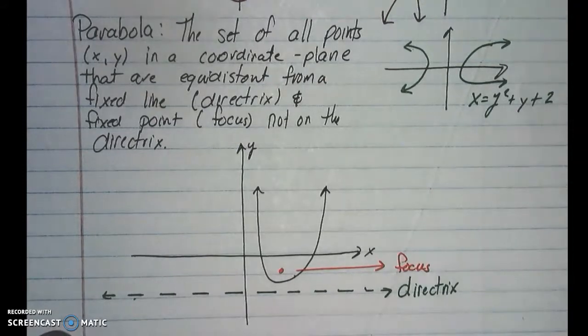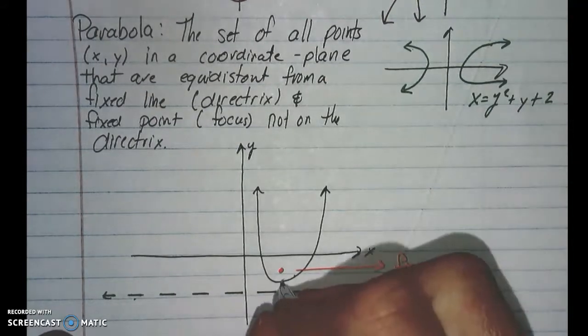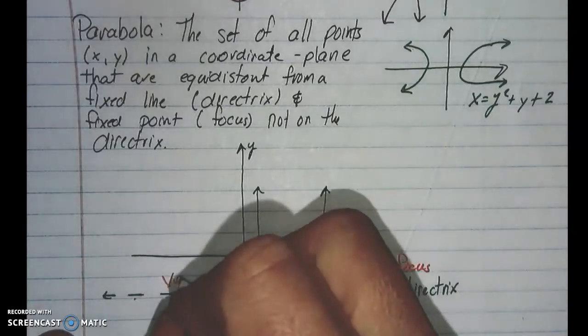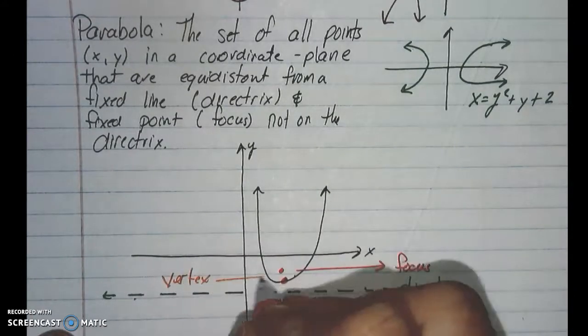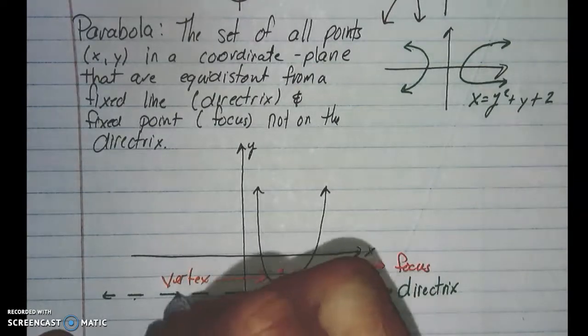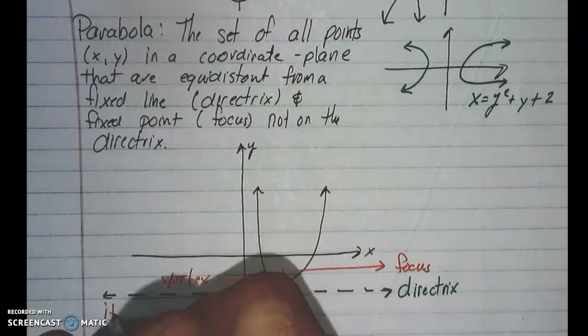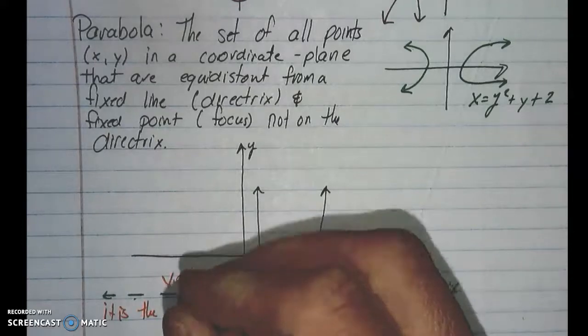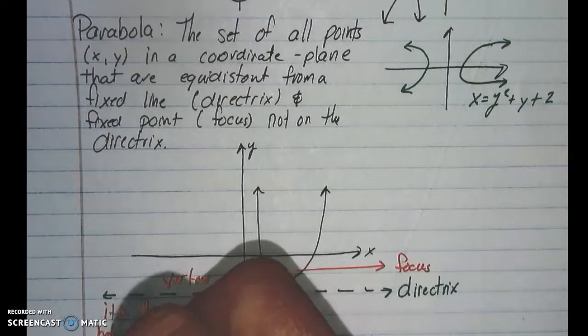Okay, so then we know what this is right here. This is a vertex, yes. All right, so that's something that we're familiar with, okay? Now, the cool thing about the vertex, it is the midpoint between, take a guess.